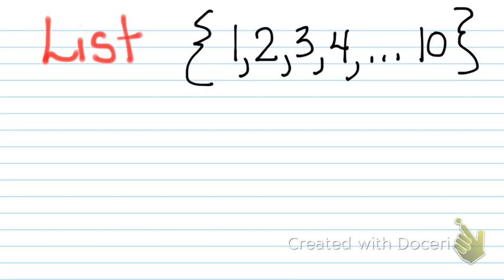The second way to write a set is to use words. Using the example from above, I'm going to write the set 1, 2, 3, 4, ... 10 using words.